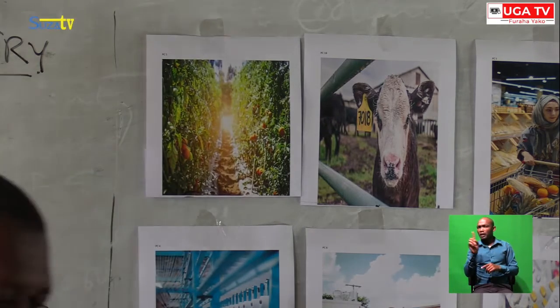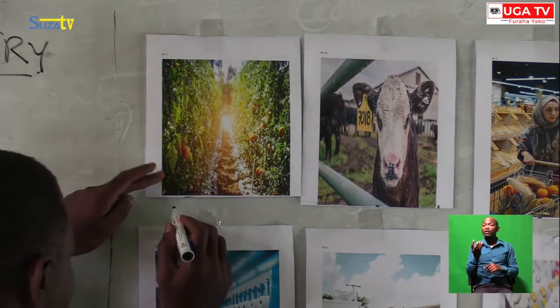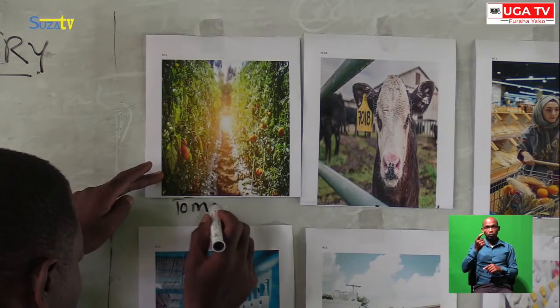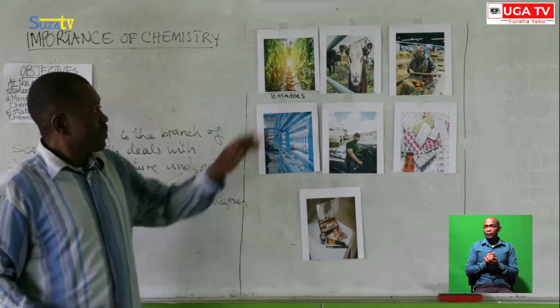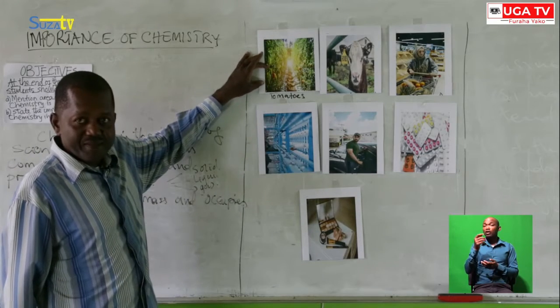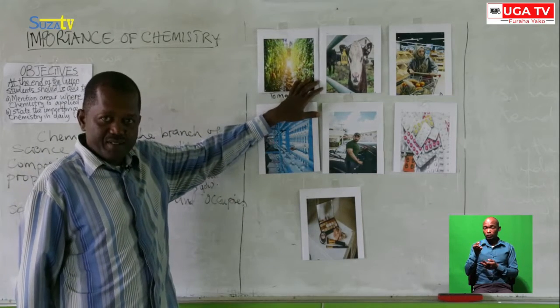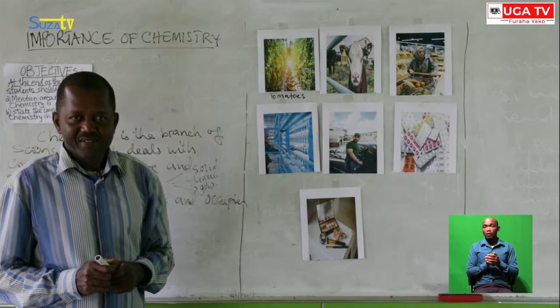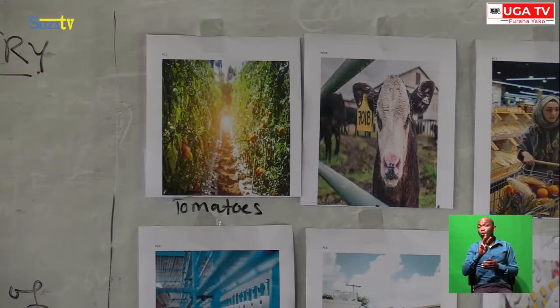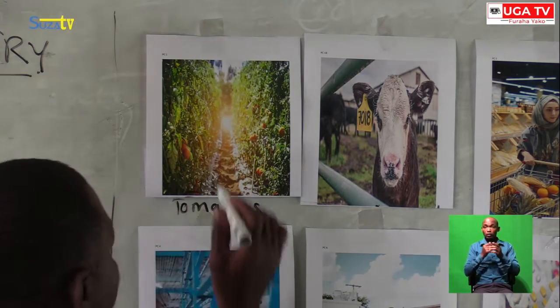Tomatoes. Very good. It means that these are tomato plants and these are tomatoes. So where are these tomato plants found? In the field. So it means that we are talking about crop production.